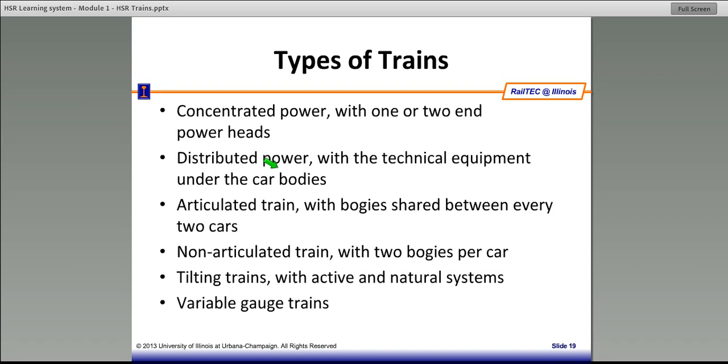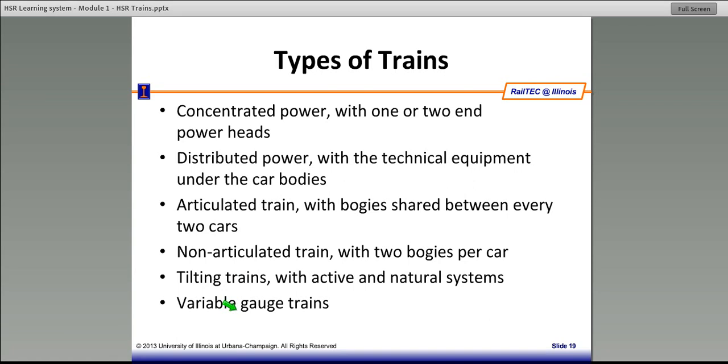And we will talk about this advantage of the articulated train later on in this session. Then some of the high-speed trains also employ the tilting technology, so it becomes a tilting high-speed train. We will talk about this type of tilting technology in today's class 2.